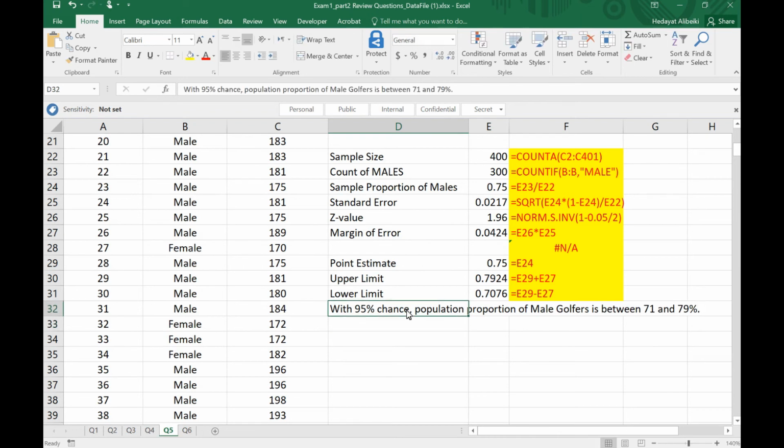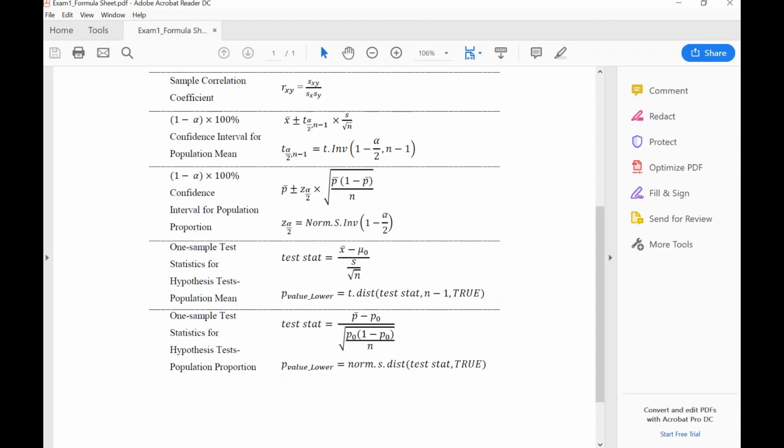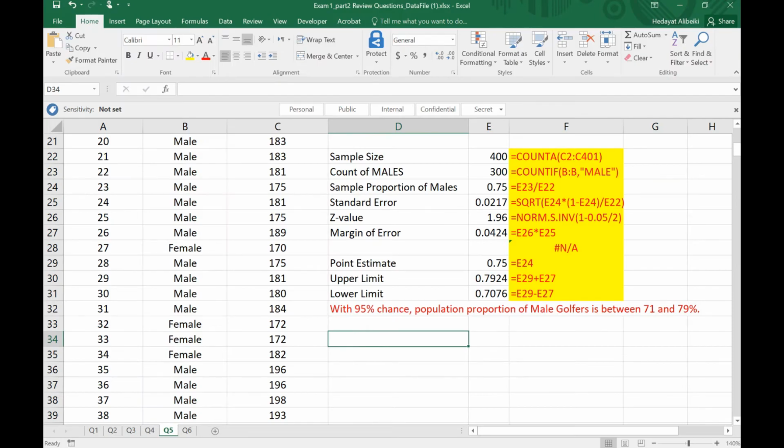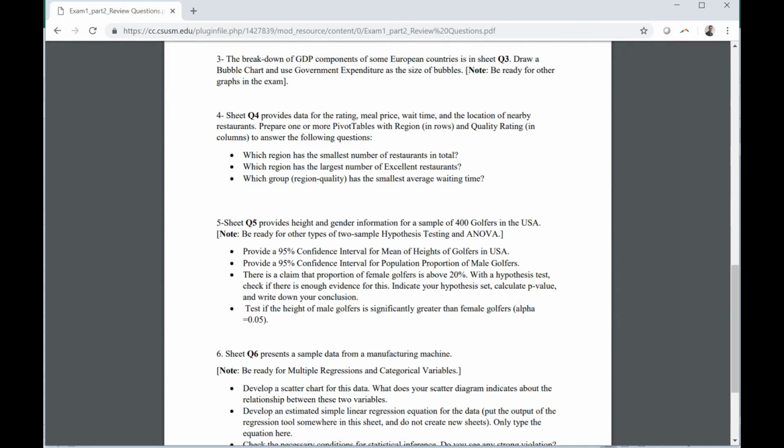That's what I get. So that's the answer for the second part of question 5. Let's move on to the third part.